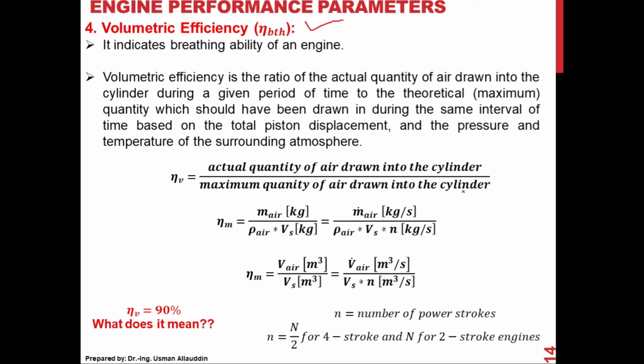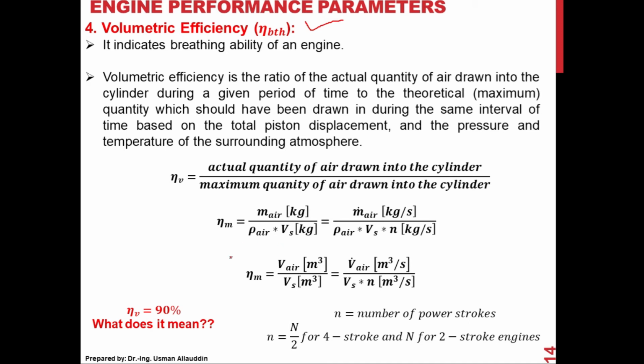So 8 is the actual quantity and 10 is the maximum. The ratio will be 8 upon 10, or 80%. So volumetric efficiency of 80% indicates that you are drawing 80% of the oxygen that can be drawn into the cylinder at maximum.